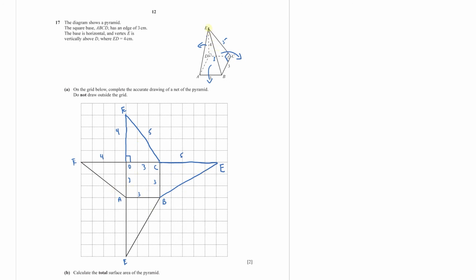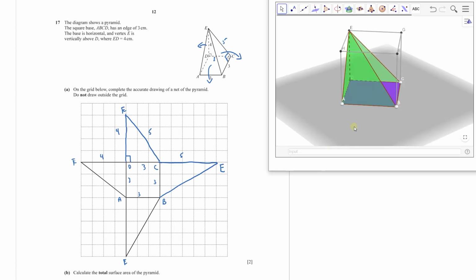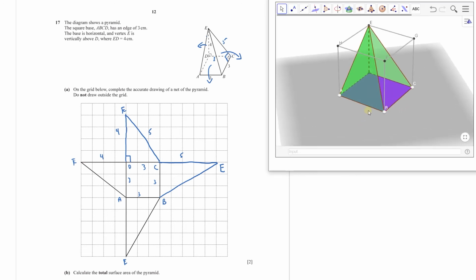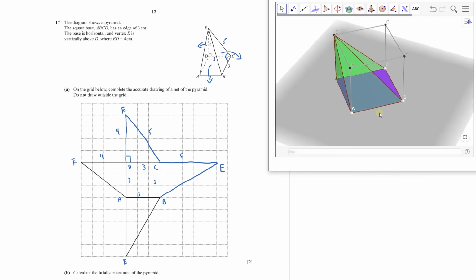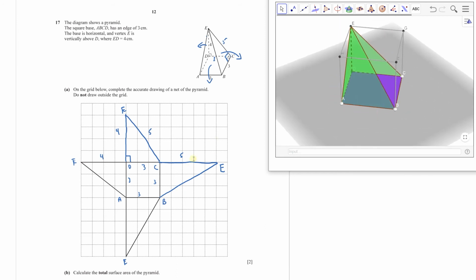They will come up and join at point E, which is directly above D. So this is how you will solve this problem, and I hope that this representation of this pyramid in a 3D model here will help you better visualize how I solved this question, how you open it up in the net, and how you'll get these triangles.